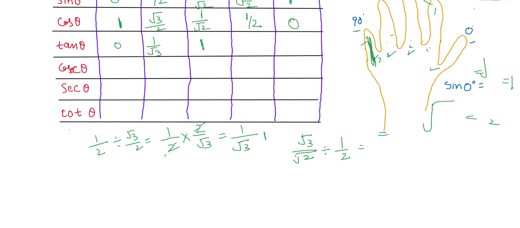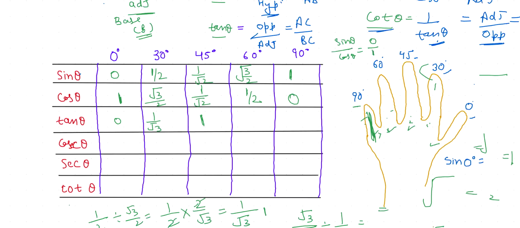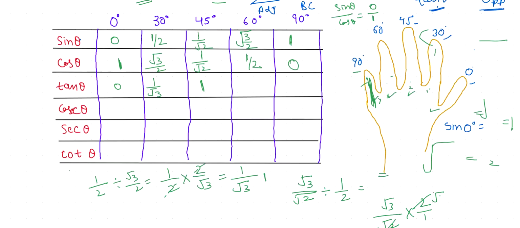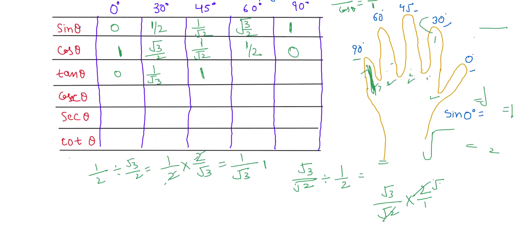Root 3 by 2 into 2 by 1. Sorry, here there is no root 2, it is just only 2. So you will get root 3.